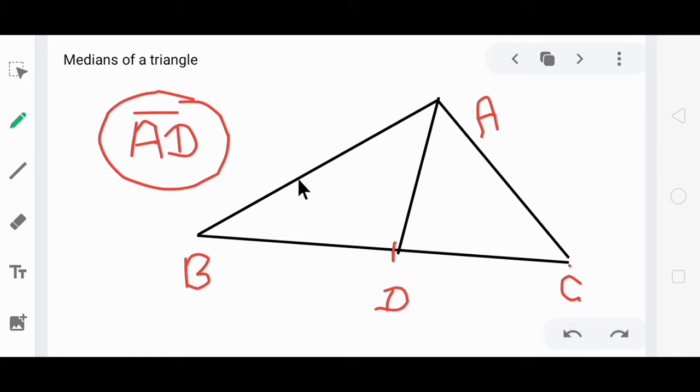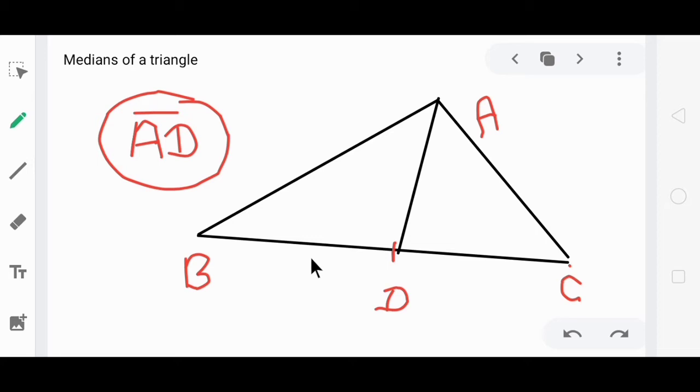In a triangle, if BA is a side, then just opposite to this side we have the vertex C, and if AC is a side, just opposite to this side B is the vertex. So you need to understand opposite side and opposite vertex in a triangle.